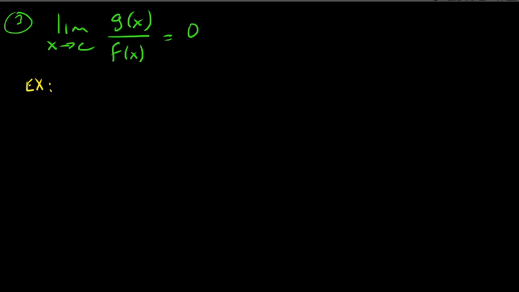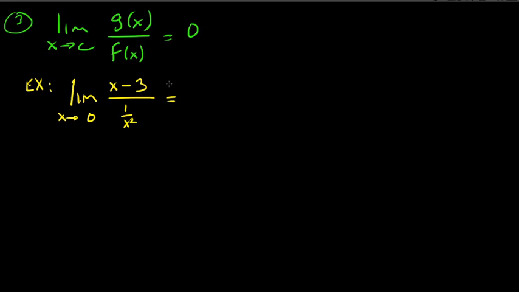Let's say we want to find the limit as x approaches 0 of x minus 3 over 1 over x squared. I know that's a little awkward, but it illustrates the point here.